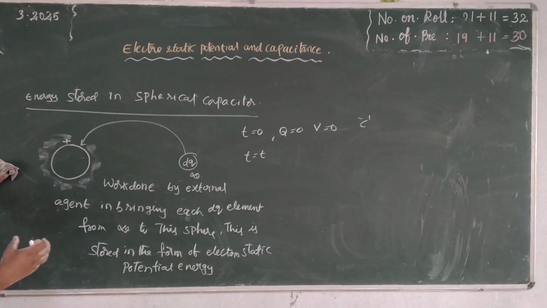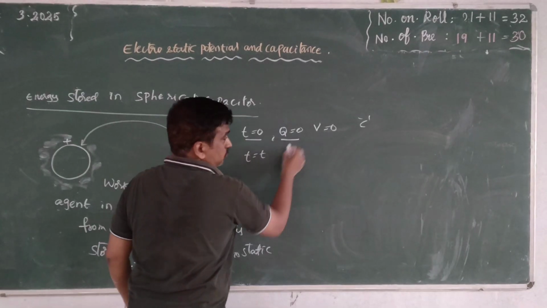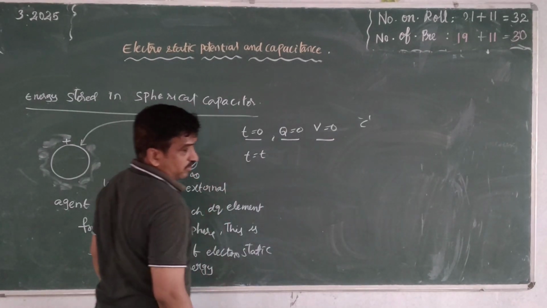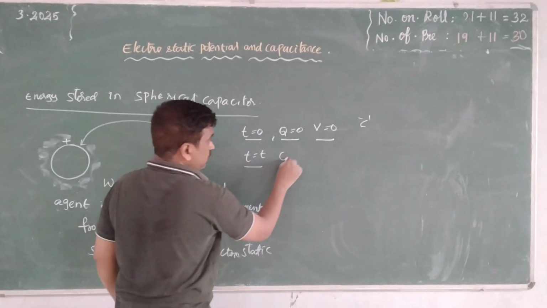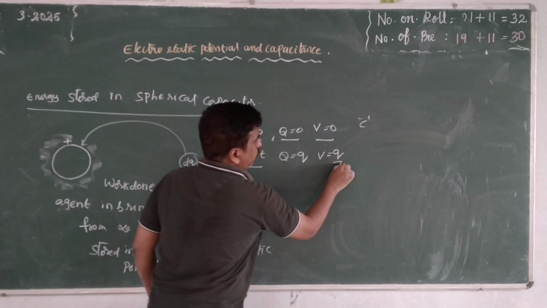For storing dq we have to do some work. That work done will be stored in the form of electrostatic potential energy, which we call the energy stored in the spherical capacitor. At t equal to 0, charge is 0 and potential is 0. At t equal to t time, the charge will be small q and the potential is q by C.